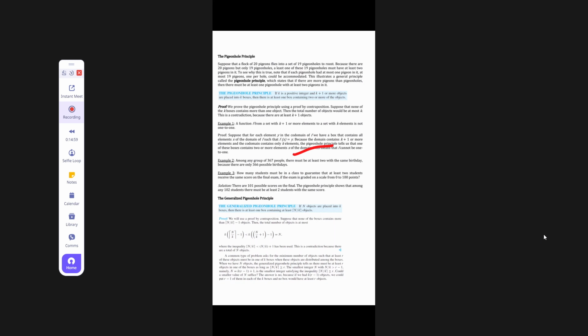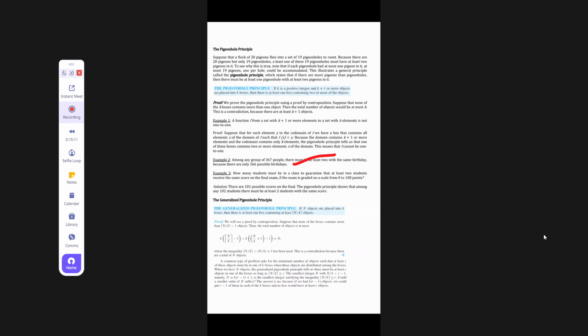So the pigeonhole principle, what does it say? It says that if there are k boxes, suppose your box is your day, so you have k boxes, meaning you have 366 days, provided it's a leap year, and you have k plus 1 objects, meaning us, people.